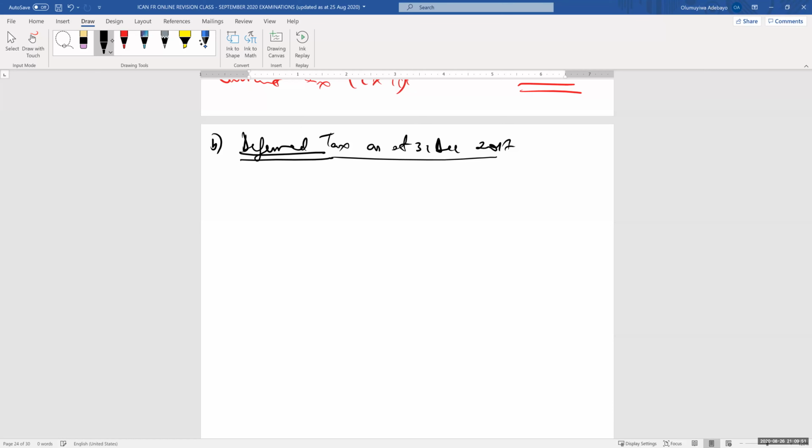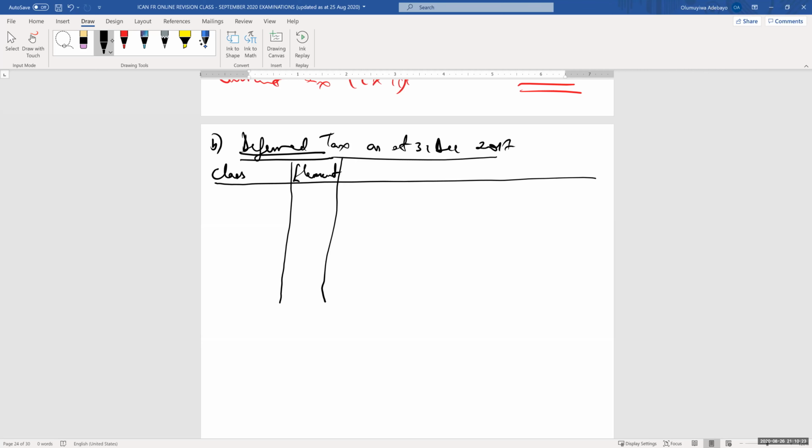I can have each class of item. Let me look at the elements of the financial statement. Now, what are the items that are in the balance sheet? I'll pick them one by one. Items in the balance sheet.